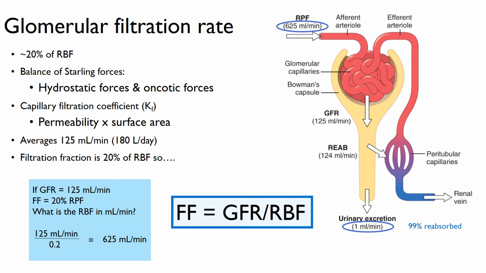Similarly, if you want to take 125 divided by 625, you'll get 0.2 or 20%. Okay, so you can do some fun ratios here. You can calculate what is the percentage of something that gets reabsorbed. If you are given these values, you could do 124 divided by 125, a 99% reabsorption rate. Okay.